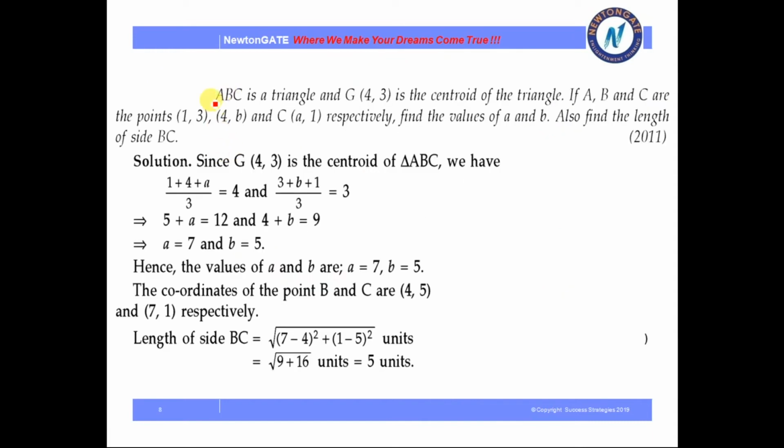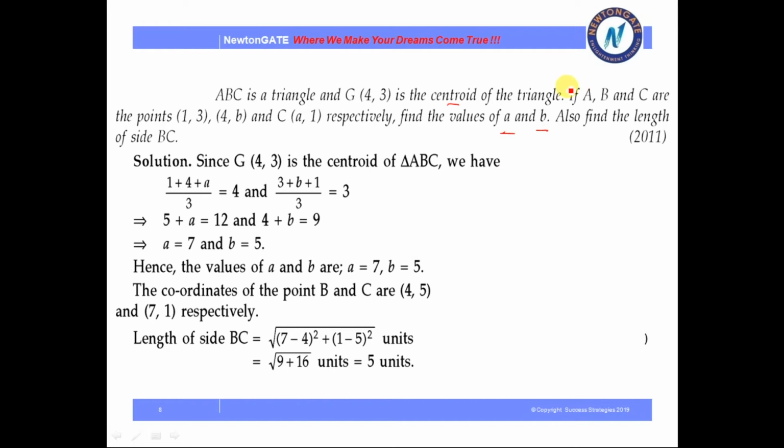The question says ABC is a triangle and G (4, 3) is the centroid of the triangle. If A, B and C are the points (1, 3), (4, B) and (A, 1) respectively, find the values of A and B. Also find the length of the side BC.